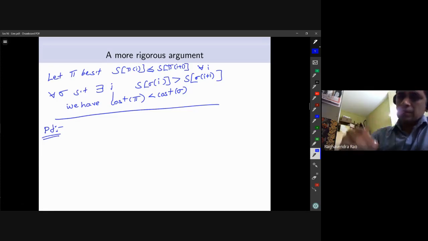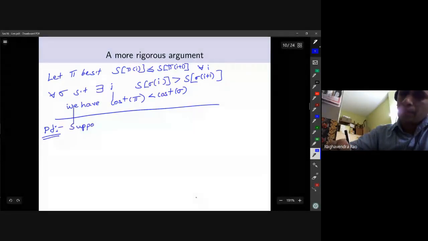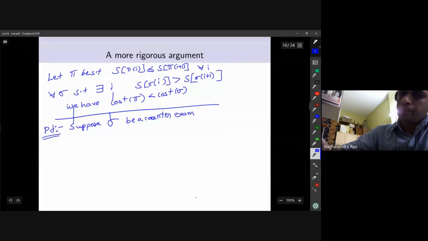Suppose sigma is a counterexample to this statement, call it A, such that the number of inversions in sigma is the minimum.